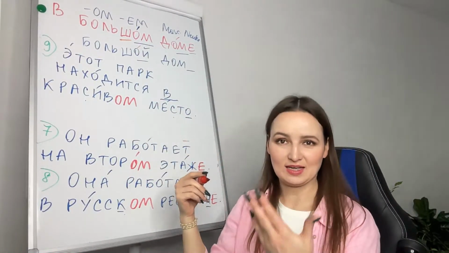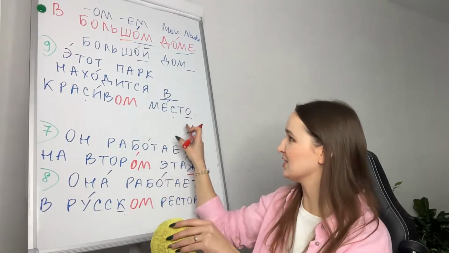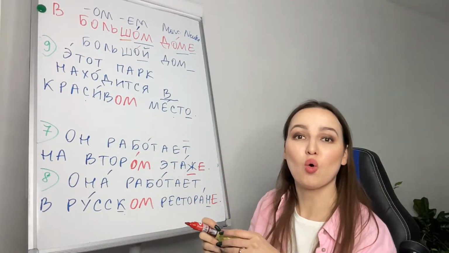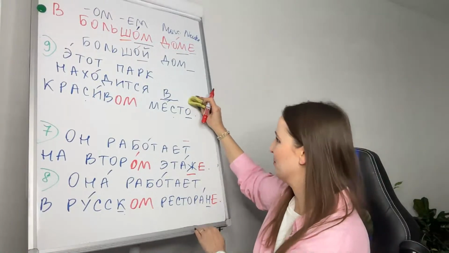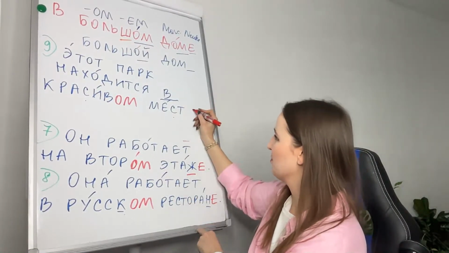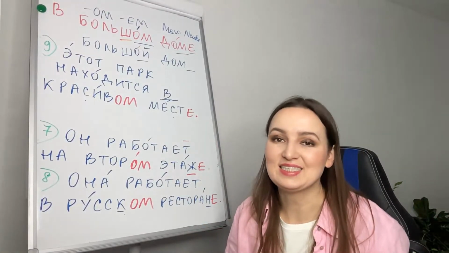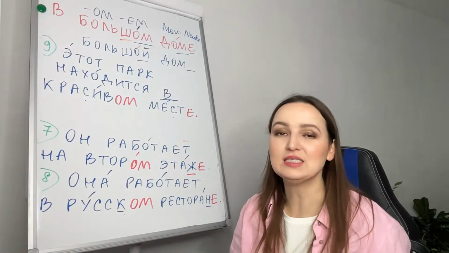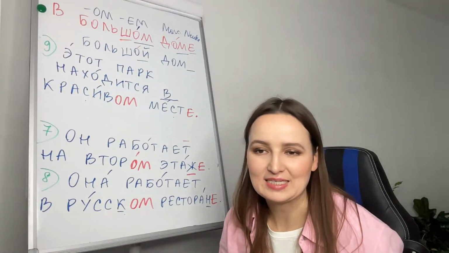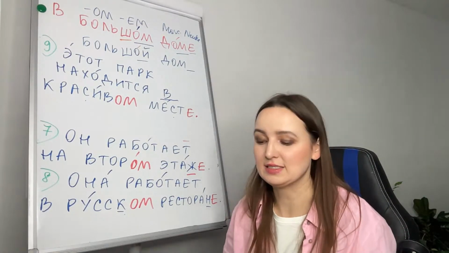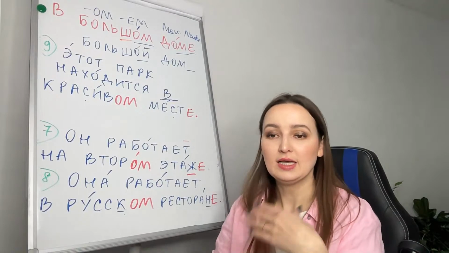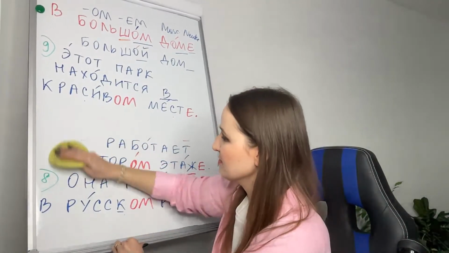Место is neuter, it ends in o, and in neuter o is replaced with е: месте. В красивом месте. In a beautiful place. Этот парк находится в красивом месте. This park is located in a beautiful place.